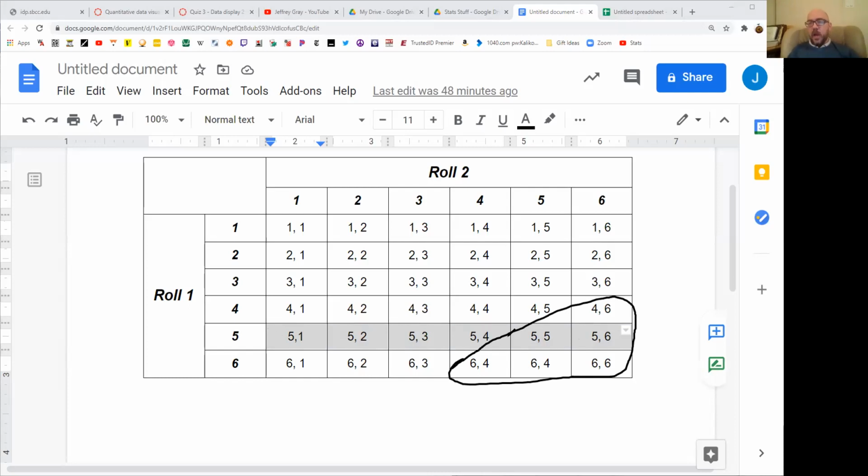So of the 6 events in event D, 2 of them fall into the category that I'm looking for. So the probability that the total is at least 10, given that the first roll was a 5, is 2 out of 6. Let's go back to here, and we'll see a little bit more of that.